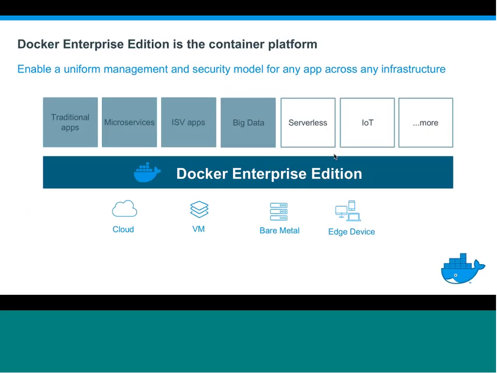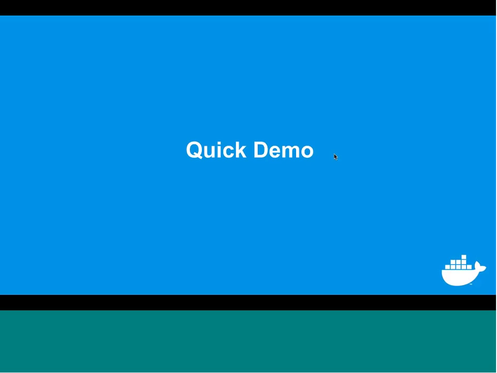We can support big data. And what we're seeing more and more are customers leveraging container technologies for their next generation apps. So things like moving to microservices, things like edge computing, IoT and serverless computing. So really, Docker Enterprise Edition is the platform for applications supporting both what you have today and what you need in the future.